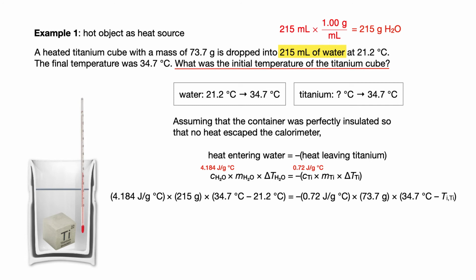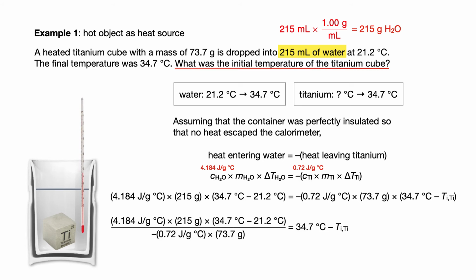And so now this is kind of an ugly equation that I've got written here, but the only unknown here is the initial temperature for the titanium, so we can just use algebra to solve this. And I'm not going to go through all the details, but if you divide through part of the stuff on the right, we get that this expression on the left is equal to 34.7 degrees Celsius minus the initial temperature.